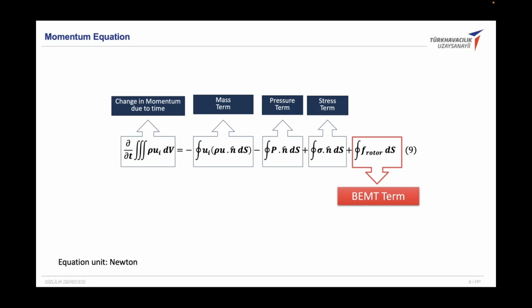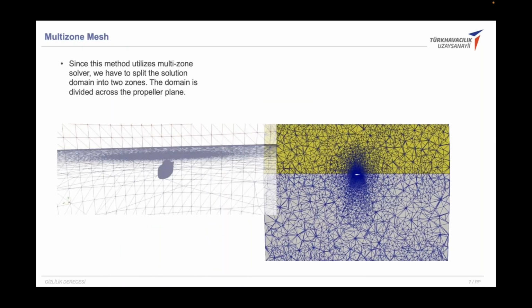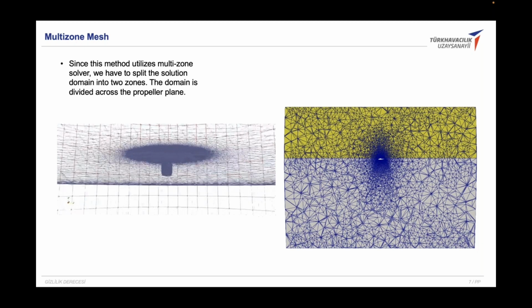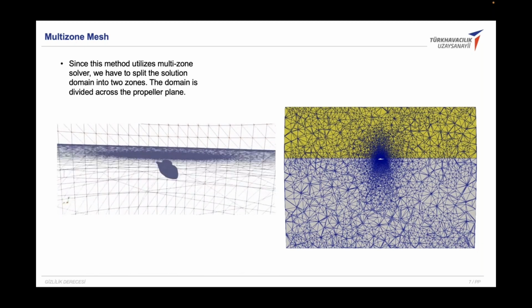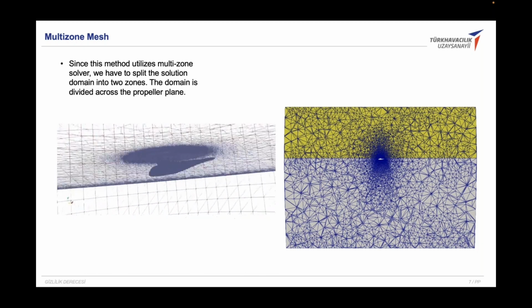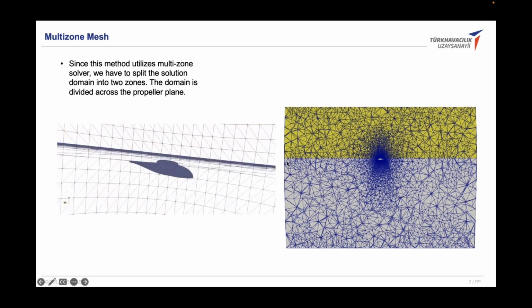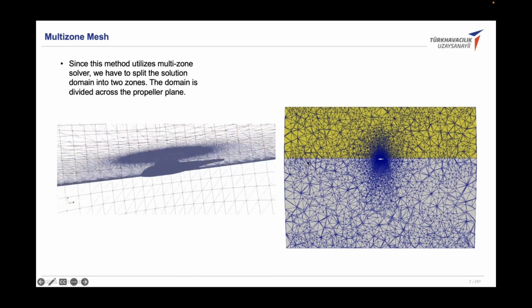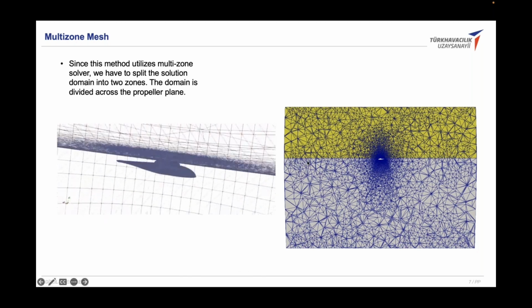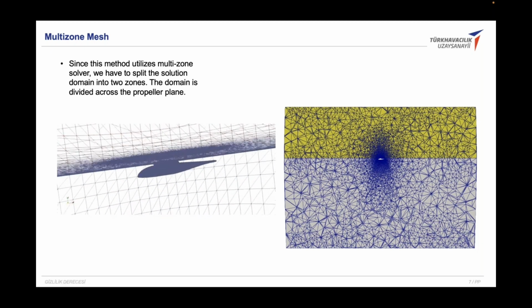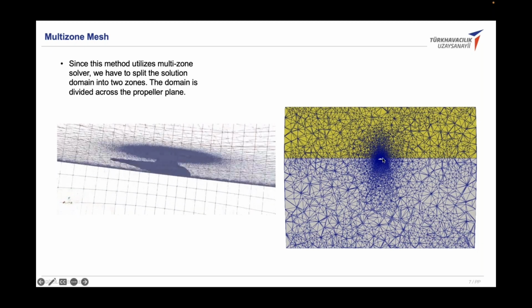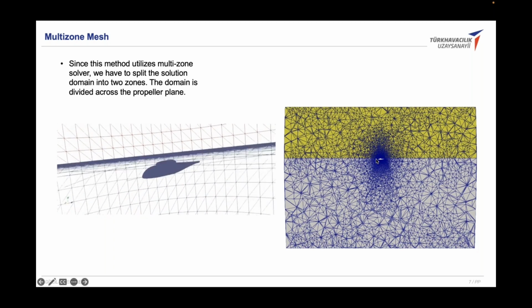This term is generated by the rotor, so we can calculate the flow variables. What you have to do for this case is split your mesh across the rotor plane. So the calculated momentum variable will be added to the flow from this intersection.